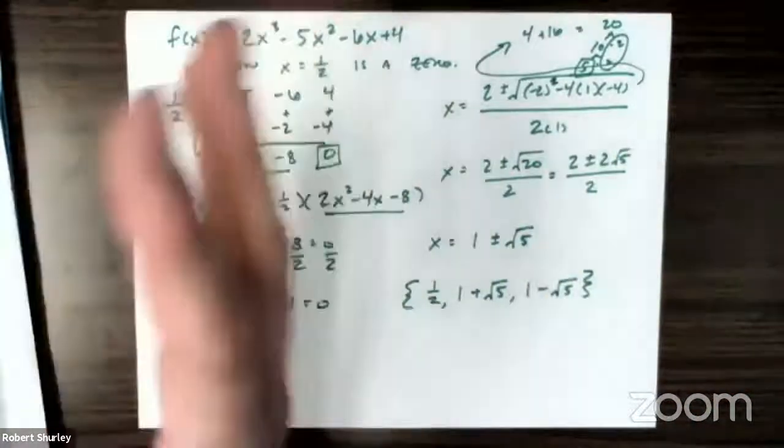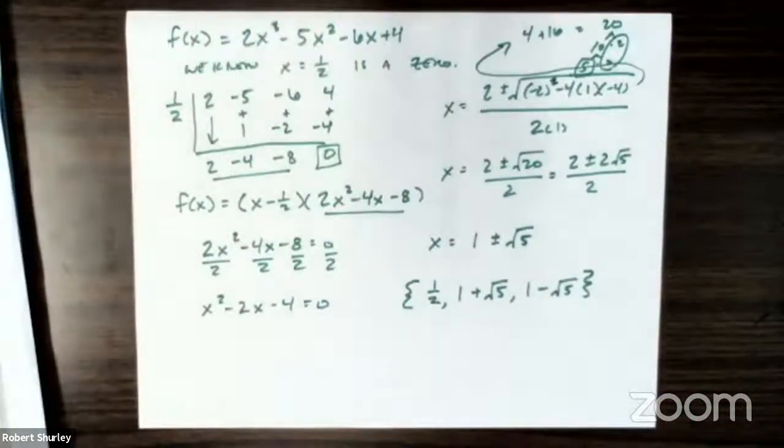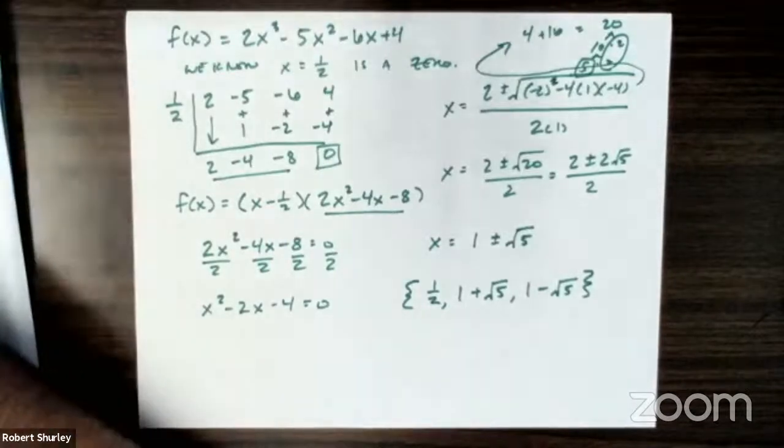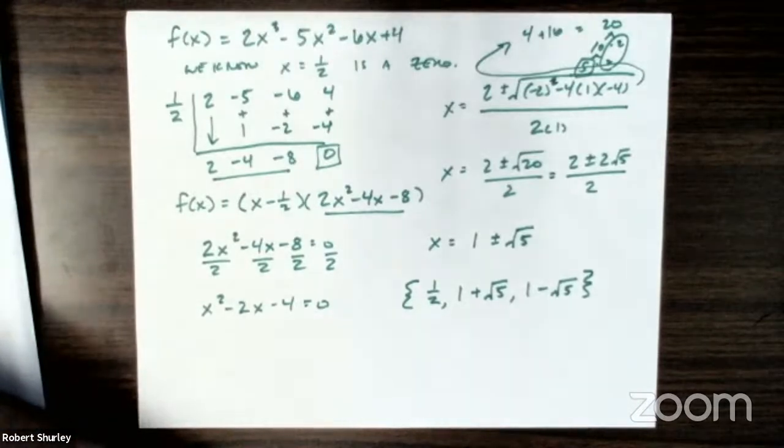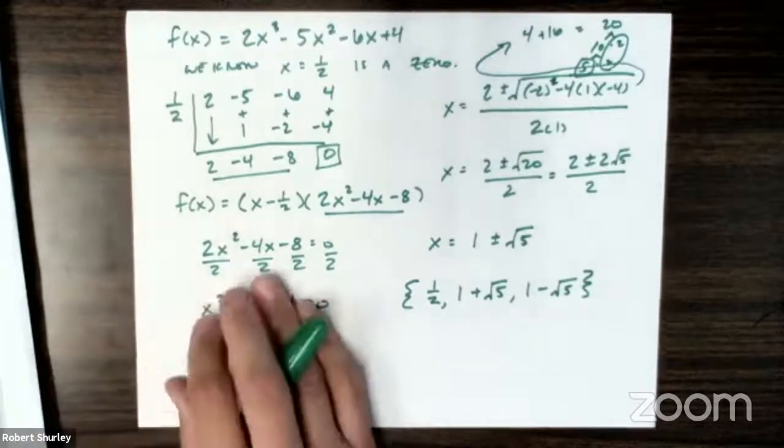Just type me, and I'll call on you, because I want to hear what you have to say. If you don't want to talk, that's fine. But I want to hear what quicker way you think we could do this, other than wasting 2 pages of paper on it, right?